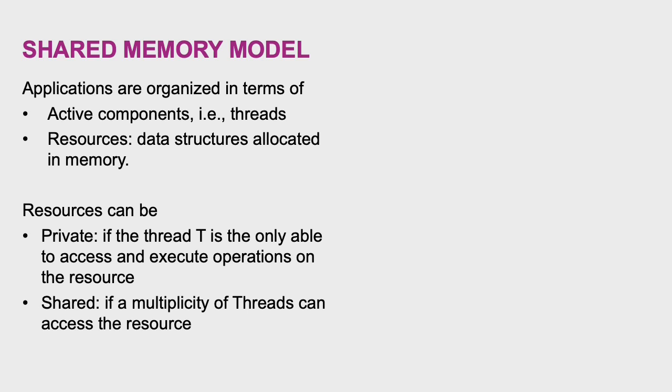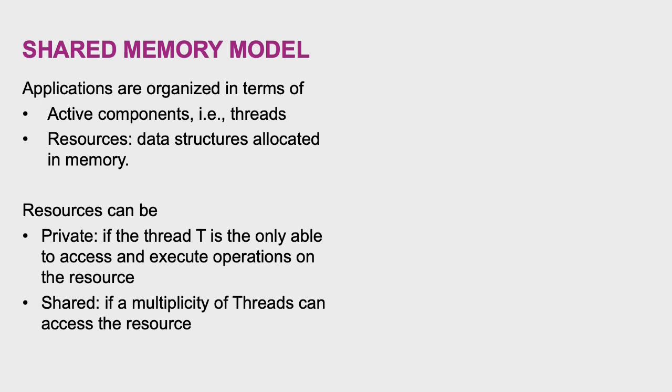Basically, when it comes to the shared memory model, you have to consider that your application should be organized in terms of active components, and these active components do things. They are the threads, and active components operate on resources. And these resources are shared among them and are allocated in the memory.